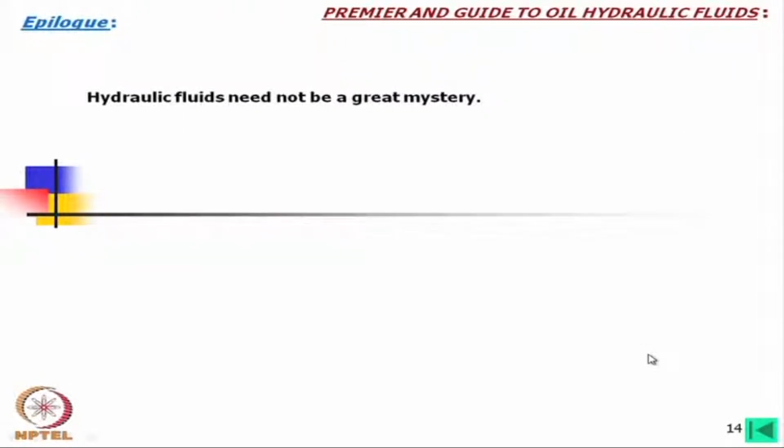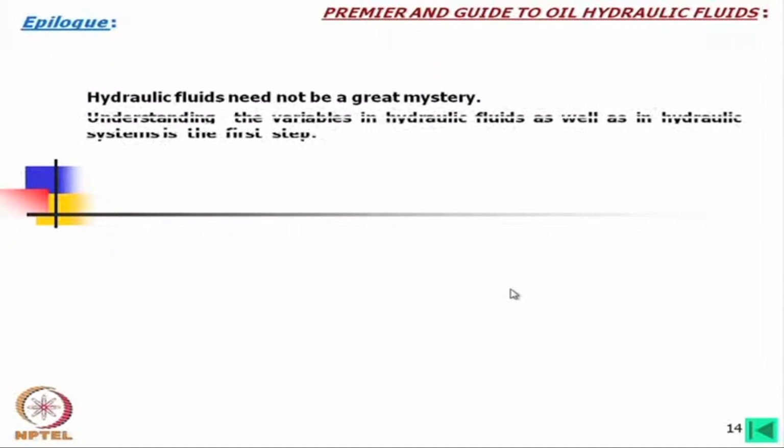Now, lastly I would say that what we have discussed is only a part of oil selection. The other parts, the viscosity index and how to calculate such things, we discussed in lecture 2. Along with that, we should also consider those for selecting the oil. Lastly, about the selection of hydraulic oil: hydraulic fluids need not be a great mystery.